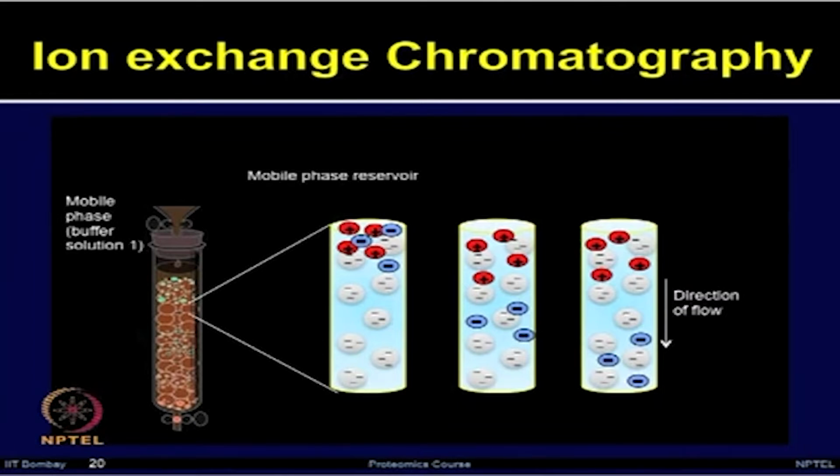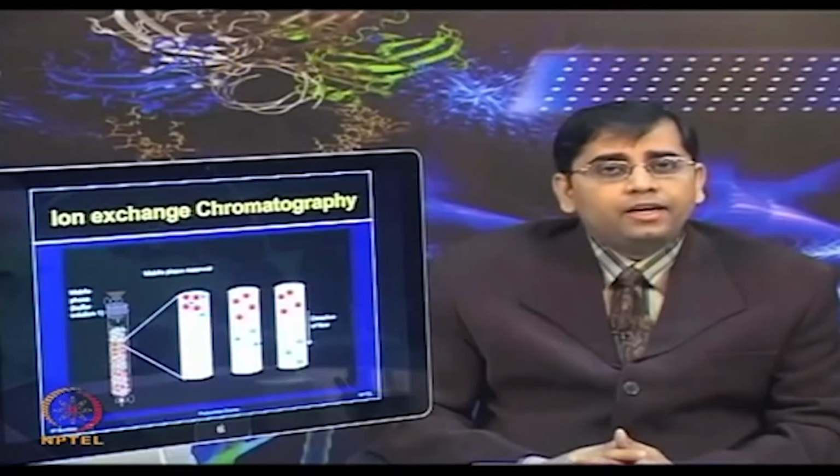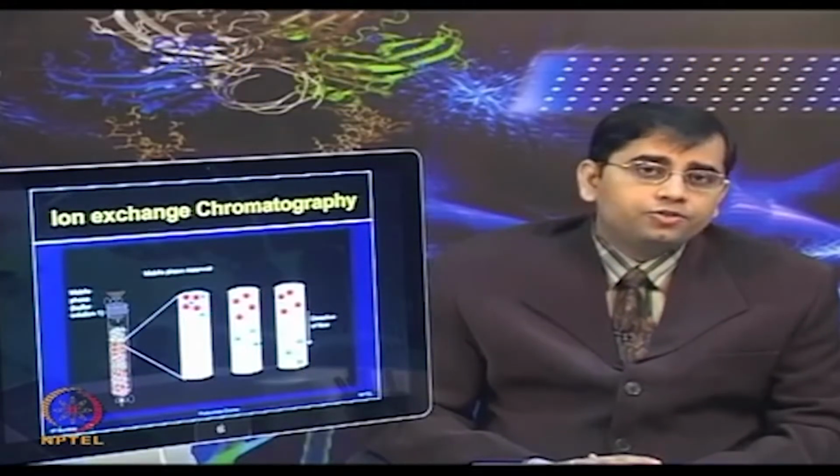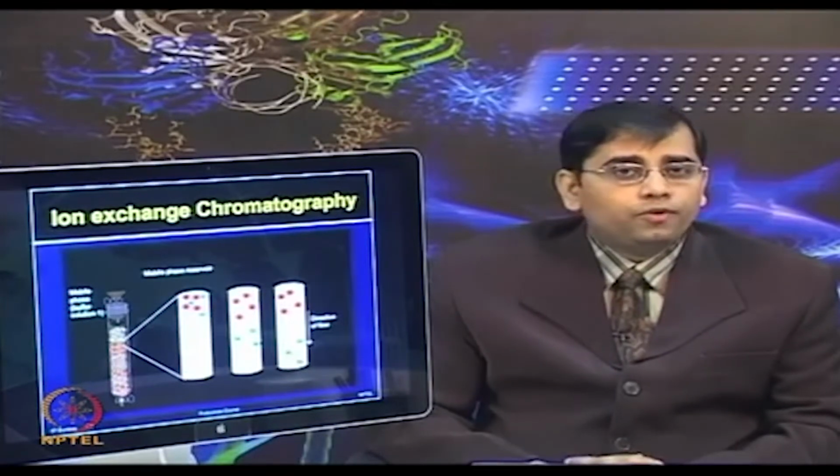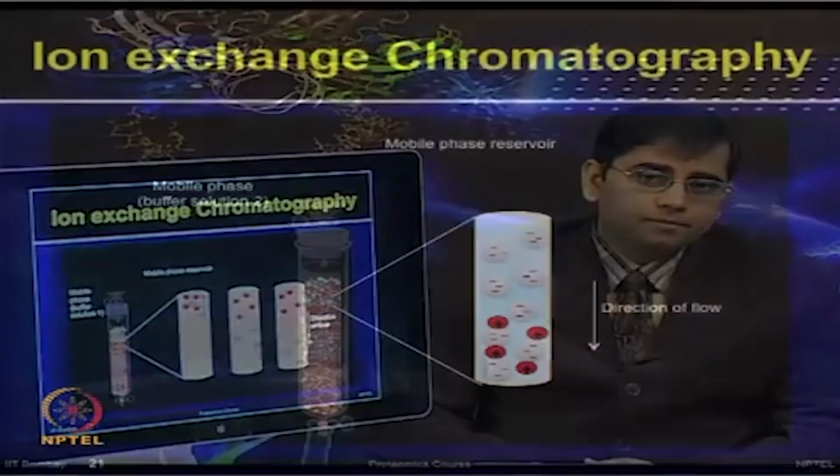Various anionic buffers such as acetate and phosphate are used for cation exchange, and cationic buffers such as tris chloride or ethanolamine are used for anion exchange.